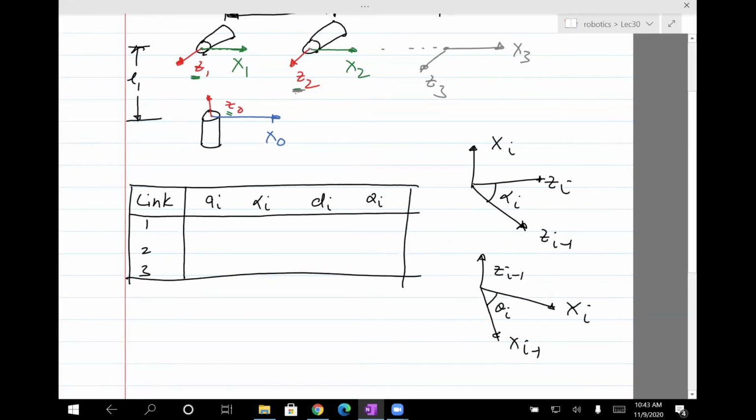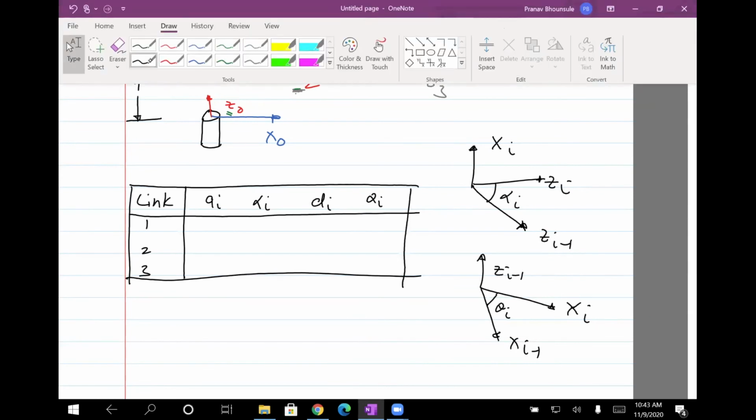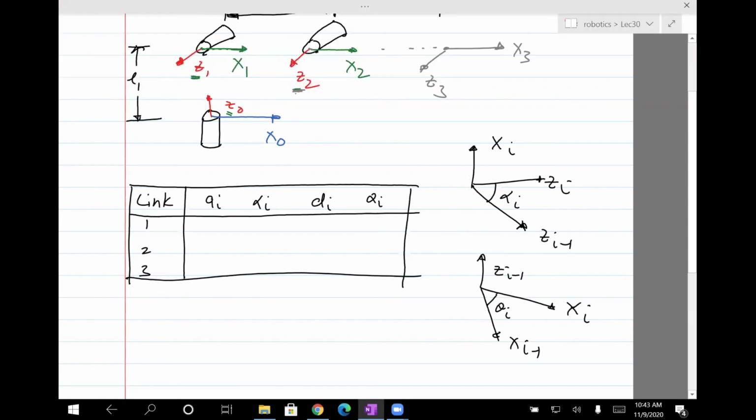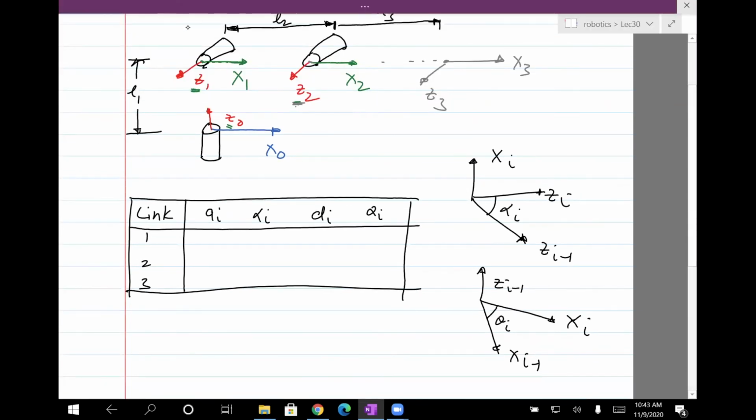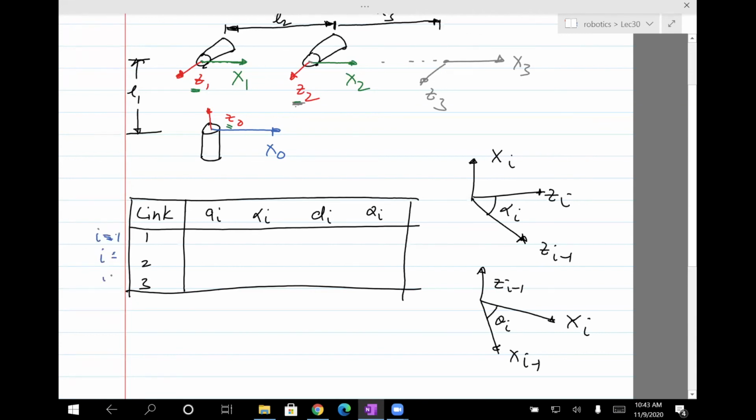Okay, so let's do it line by line. Okay, so let's start with the first line. So first we have AI, which is the distance from Z. Now we'll have to put I equals 1. This is I, right? I equal to 1, I equals to 2, and I equals 3.